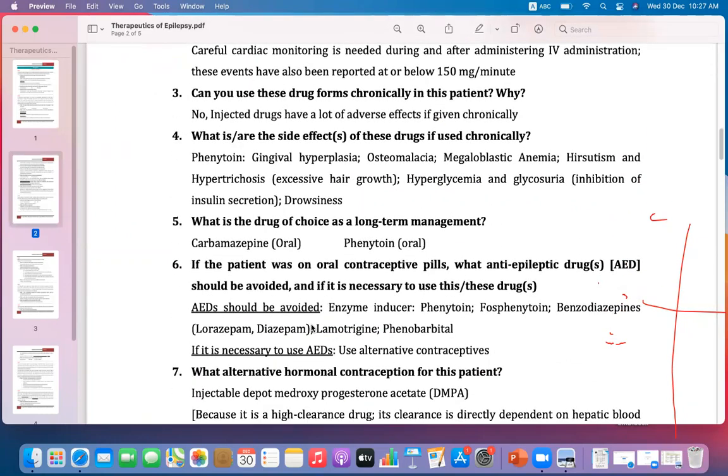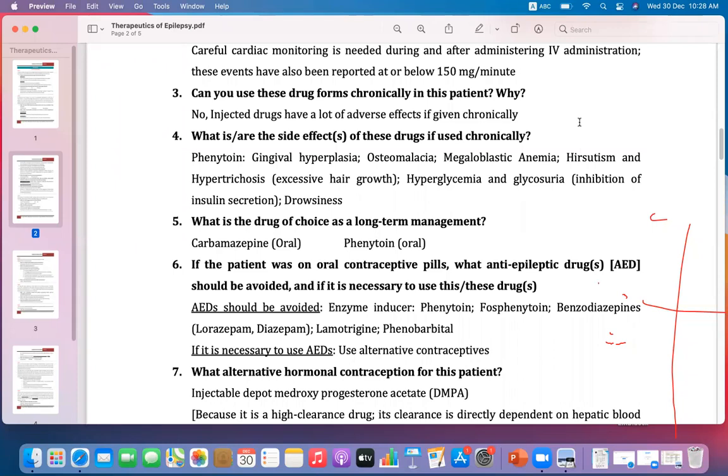Next question: can you use these drug forms chronically in this patient, and why? As we know, intravenous therapy is not recommended for chronic use, because intravenous therapy is only for emergency purposes and for the management of the seizures.